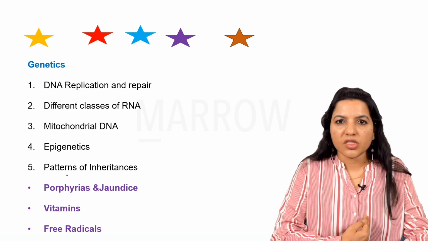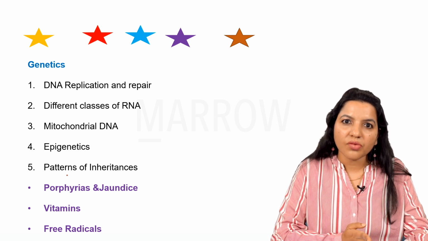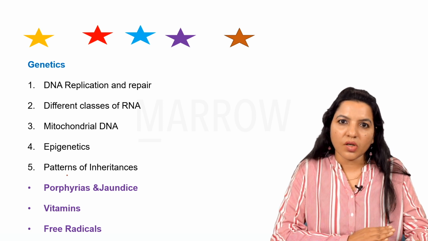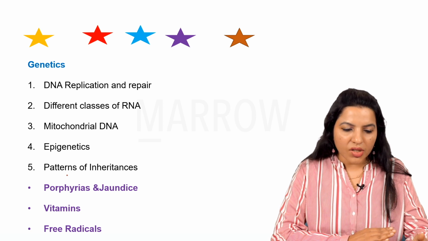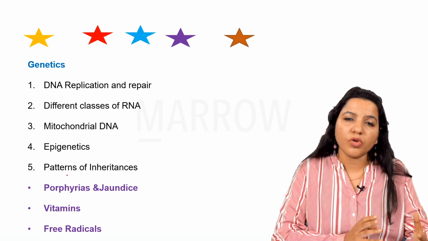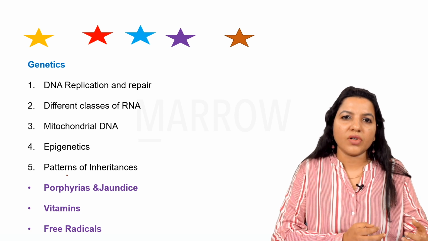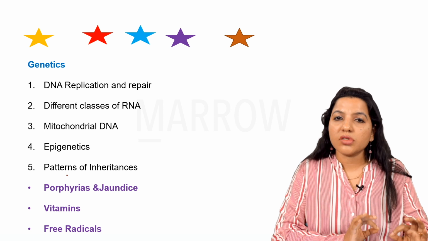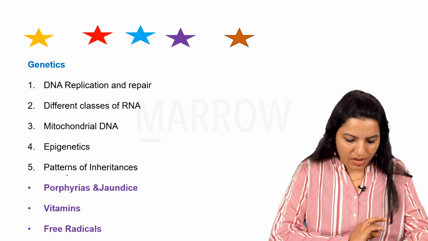Patterns of inheritance: I haven't covered them in my videos, thinking that it will be covered in the pathology session, or if not, you can see my book. It is very well written, or you can refer to Robbins or any book for patterns of inheritance, which is a very important topic in genetics.